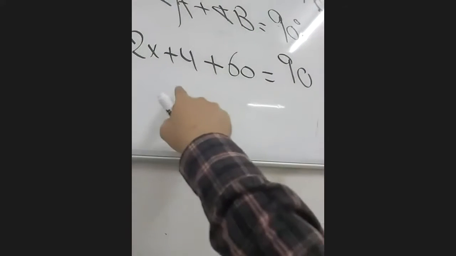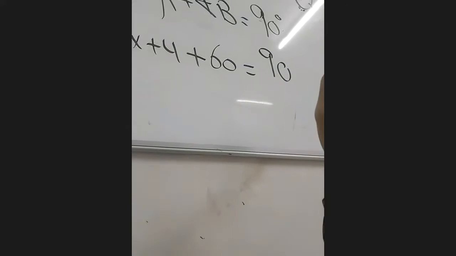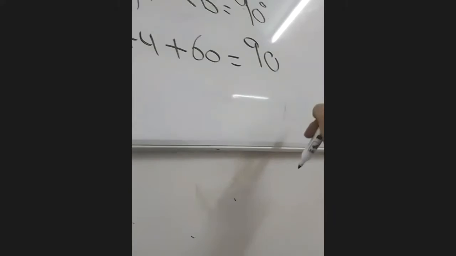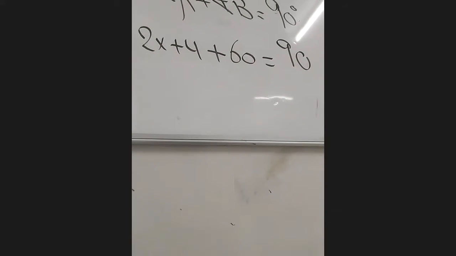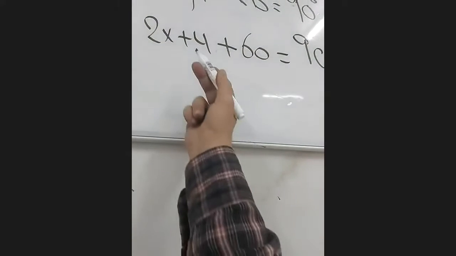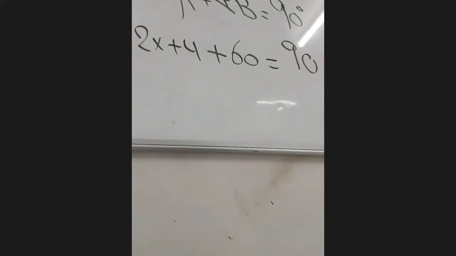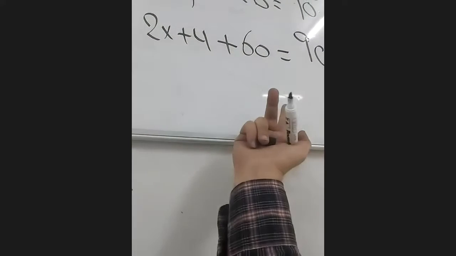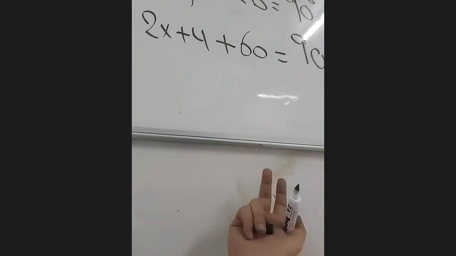You said you take the 4 and put it here as minus 4, then you say 60 minus 4. I'm confused. Why do you minus it, Mr.? It's addition here. Add these 2 numbers. 4 plus 60, how much?